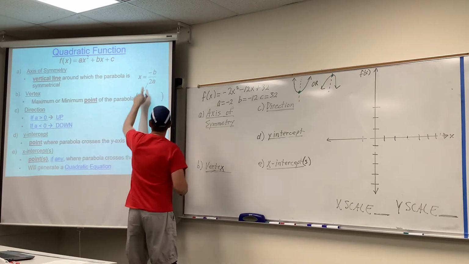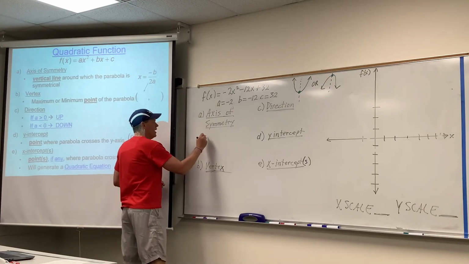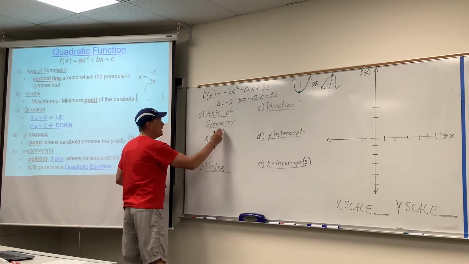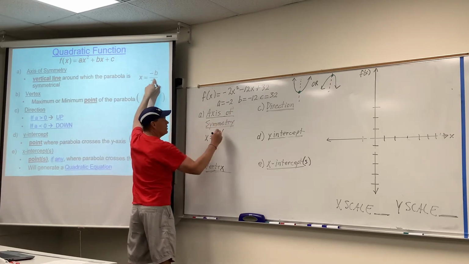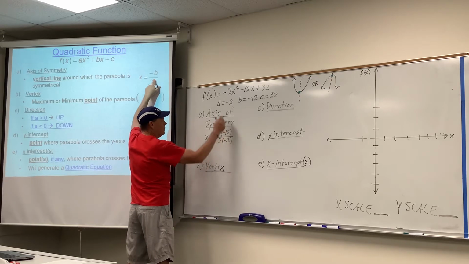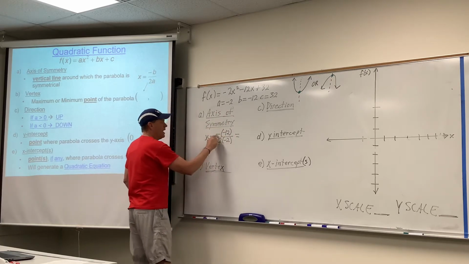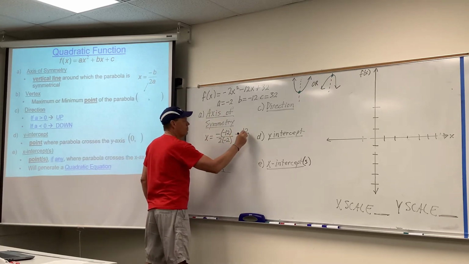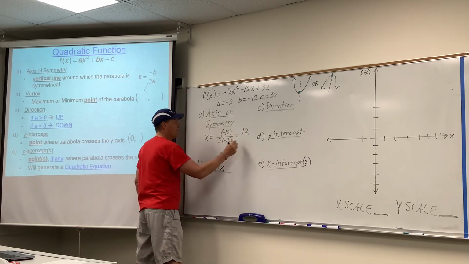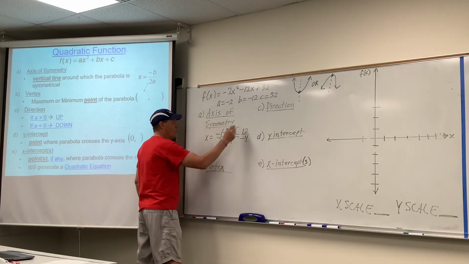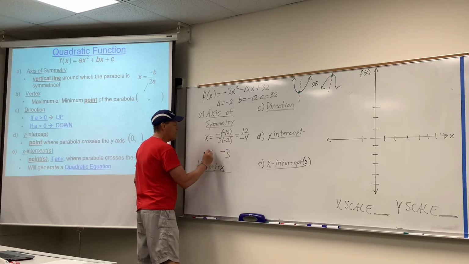So the axis of symmetry would be, in this case, x equals negative b, which is negative 12, divided by 2 times a, which is negative 2. All right, negative, negative, the numerator becomes positive 12, the denominator becomes negative 4, and then 12 divided by negative 4 is negative 3.